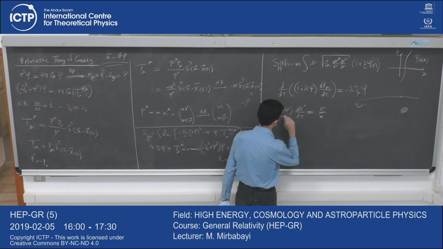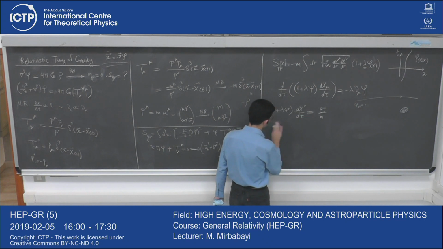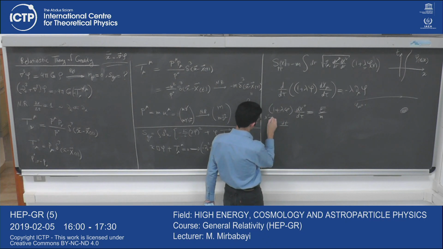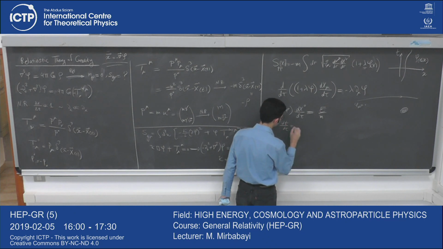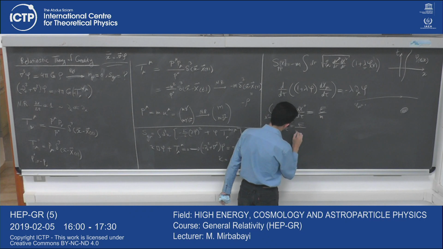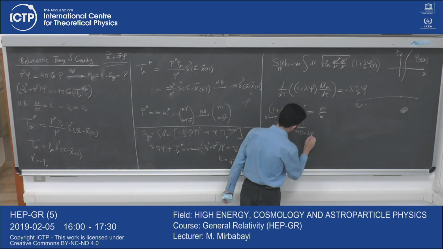Now let me just call x0 t instead. So what do we learn? What we learn is that dt by d tau is equal to E over m divided by 1 plus lambda phi.